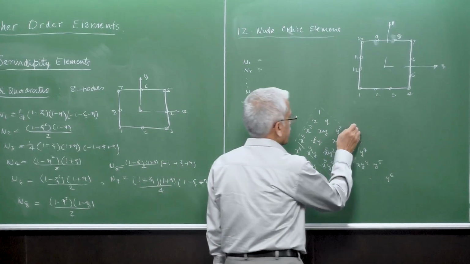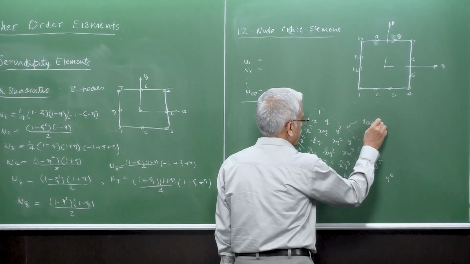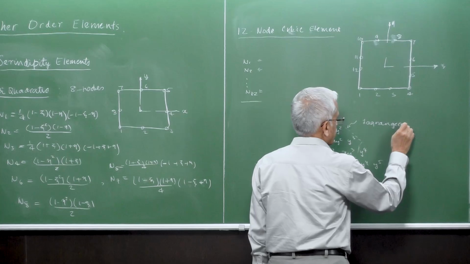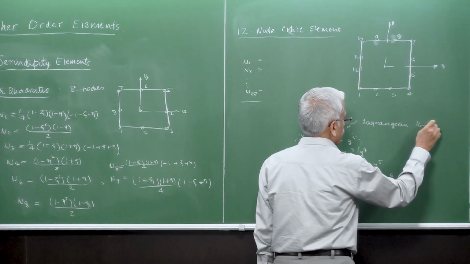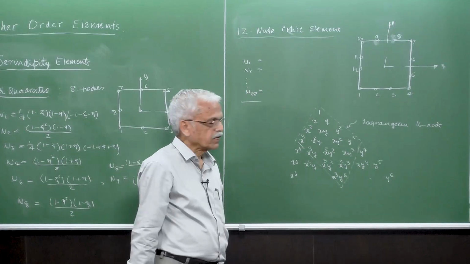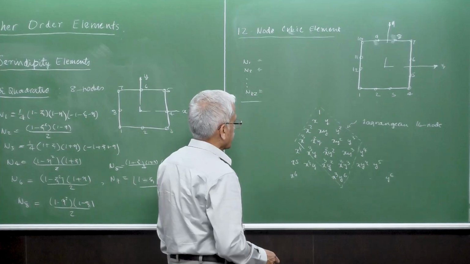So this is the Lagrangian node, which has the behavior of cubic, okay, and only the cubic polynomial is complete here.